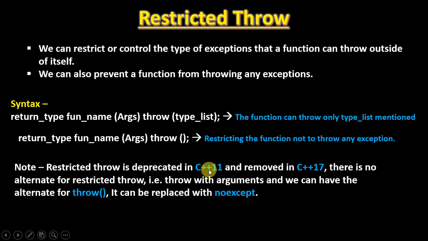So if you are moving your old version C++98 code to C++17 or C++20, then wherever you have this throw with argument list, you have to completely remove it, and wherever you have used throw without arguments, you have to replace it with noexcept. Okay, so that exercise you have to do.